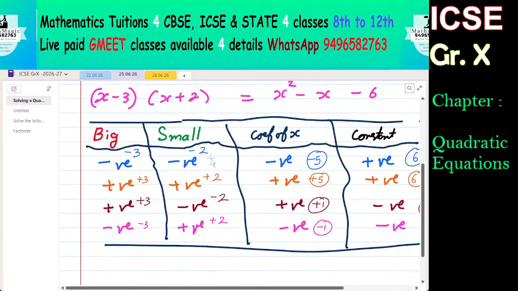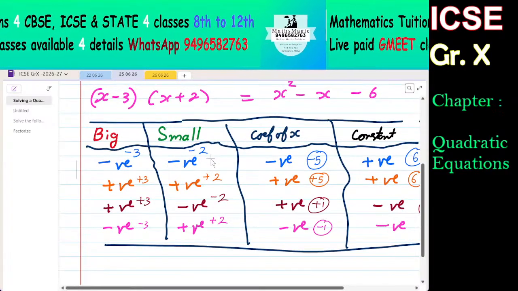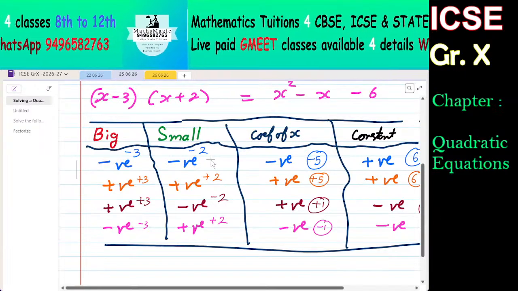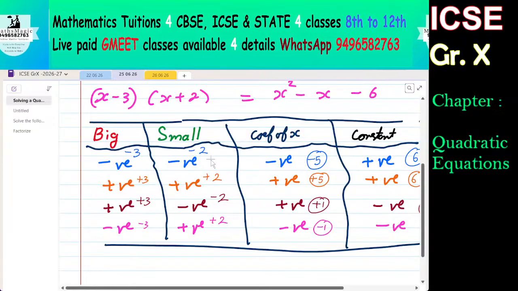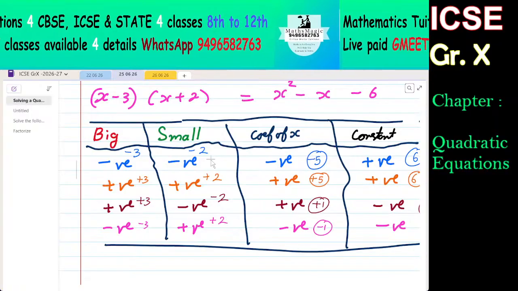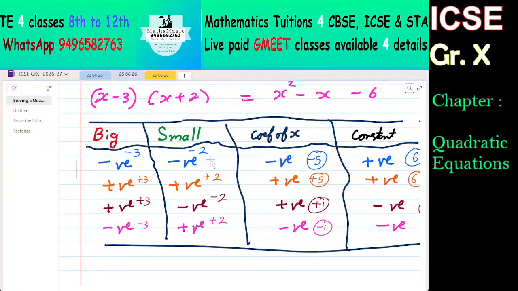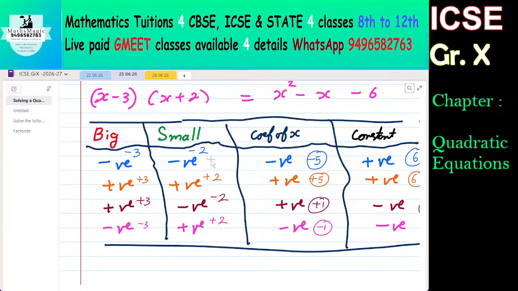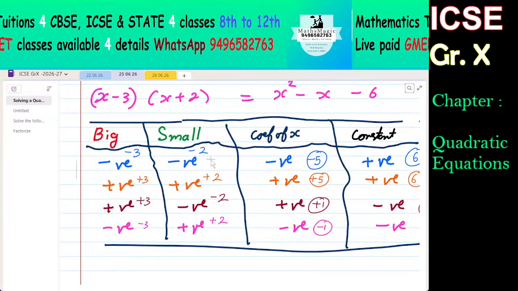We have drawn a table. We have considered two numbers as big and small without considering their signs. If both are negative, then the product will be positive. If both are positive, then also the product will be positive. And if the sum is negative, the numbers will be both negative, and if the sum is positive, both will be positive.